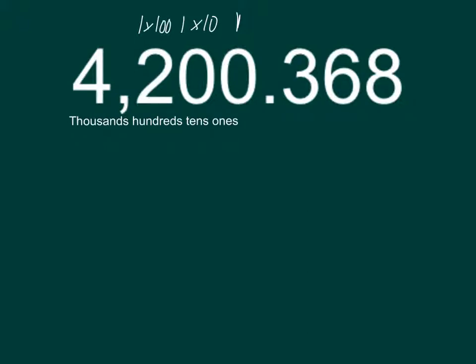And the thousands place is the same as 1 times 1,000. Well, if we go the opposite direction from the number 1, if we go to the right of the decimal point, we are going to be getting smaller. So instead of doing 1 times 10, we're going to be doing 1 divided by 10.